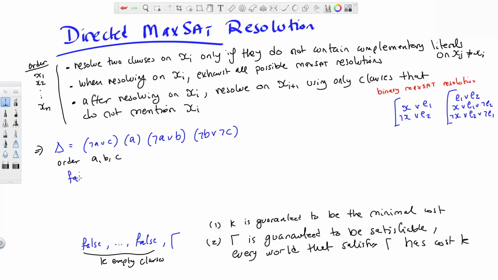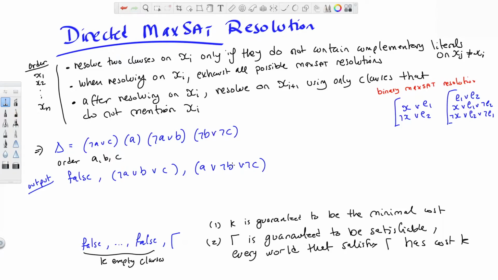You end up getting one empty clause, and then you end up getting two other clauses, which are these guys. Let me write them. Okay, this would be the output. And what does that tell us? That tells us, if you look at the original knowledge base with 4 clauses, each one of them has a weight of 1, and you apply directed resolution, you get this.